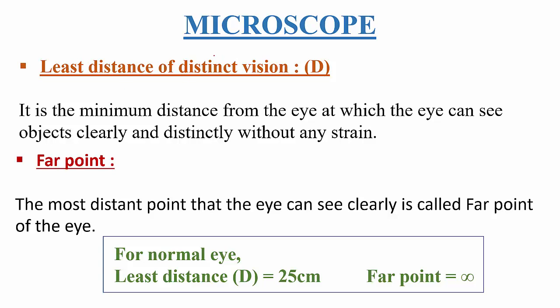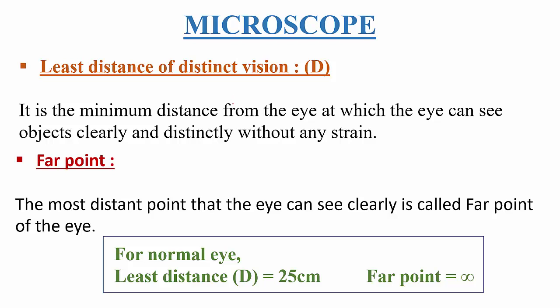Before studying the simple microscope, we first have to know two terms: least distance of distinct vision and far point. Least means nearer or very small distance for the normal eye. Remember, the normal human eye can see objects very clearly without any strain only up to 25 centimeter.